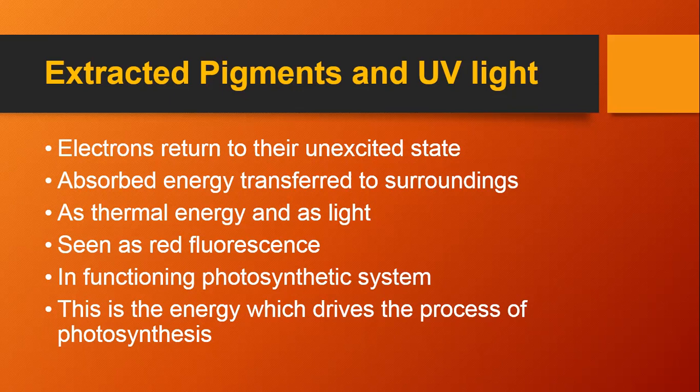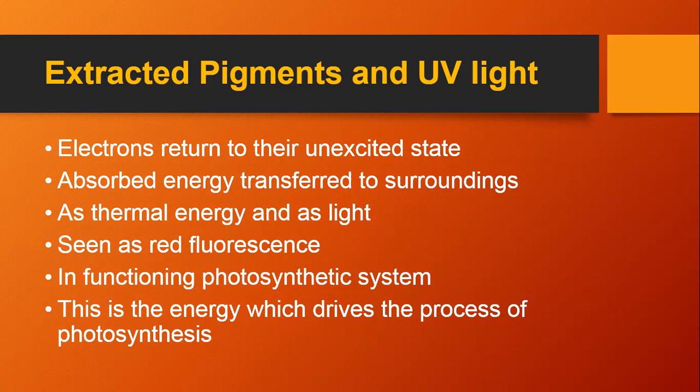Okay, so basically in the functioning photosynthetic system, this is the energy which drives the process of photosynthesis. But when we are talking about the extracted pigments, then electrons, once they absorb the energy, get excited. But as we are talking about extracted pigments which are present in a solution, that absorbed energy cannot be usefully passed on to do the work.